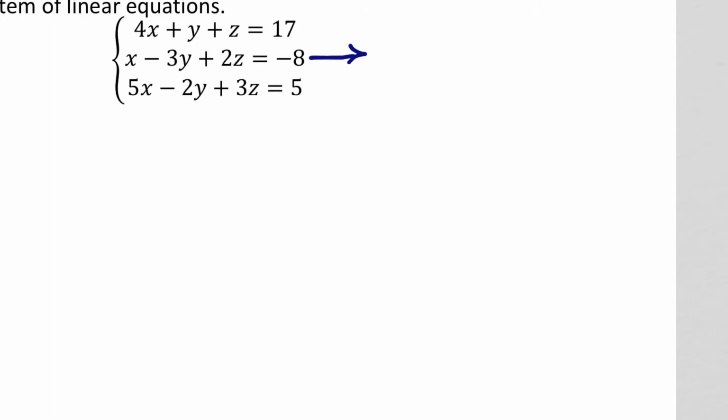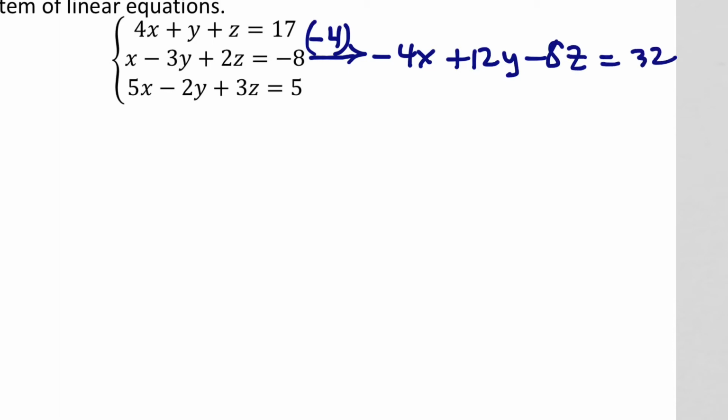I'm going to multiply this equation by -4, such that when I add it to this equation, I'll be able to eliminate the x's. So if I multiply the second equation by -4, I'll get -4x plus 12y minus 8z is equal to 32.